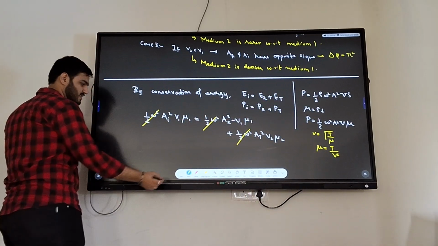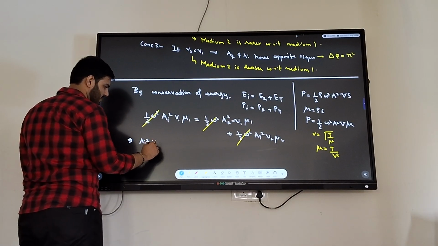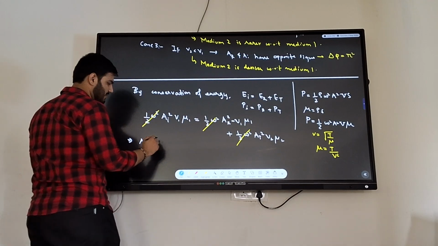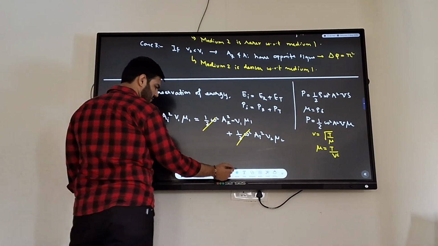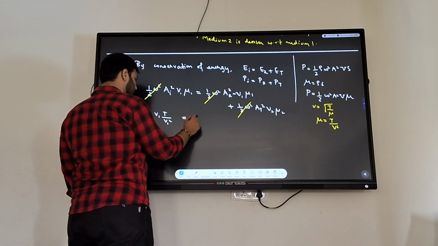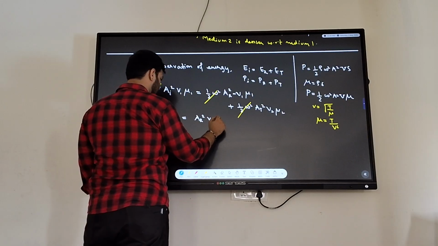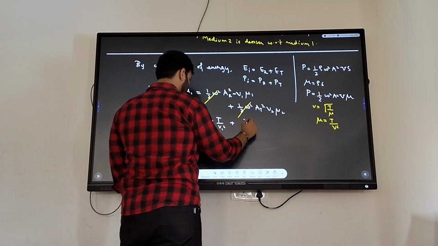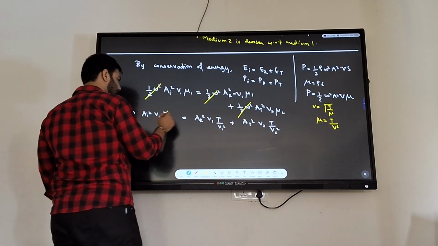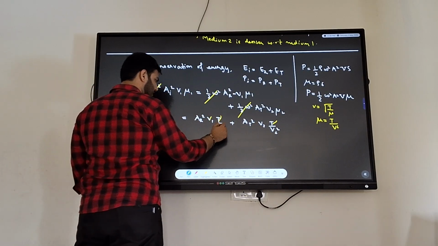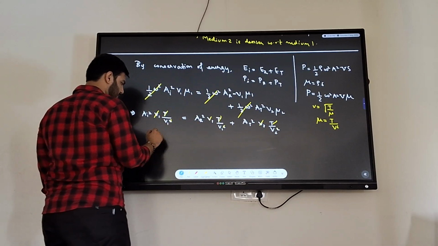Then mu can be written as: A_I square V1 T by V1 square equals A_R square V1 T by V1 square again plus A_T square V2 T by V2 square. And now ये tension भी कट गया पूरे. Yes or no? And then we find one final relation.